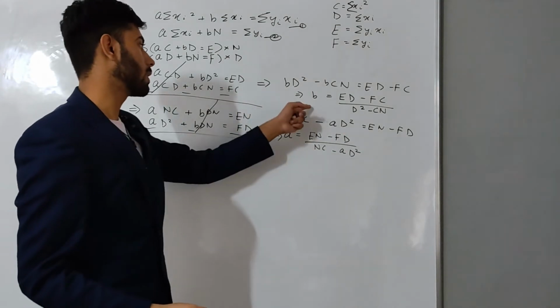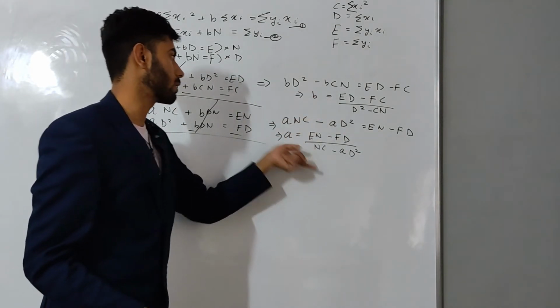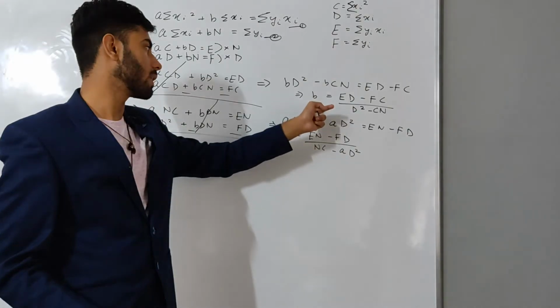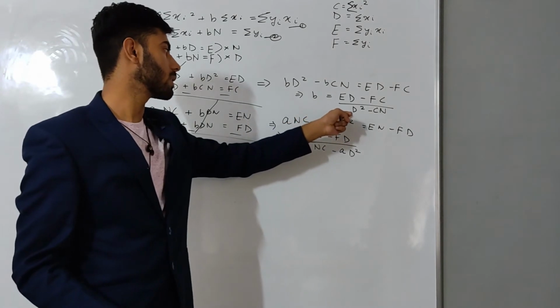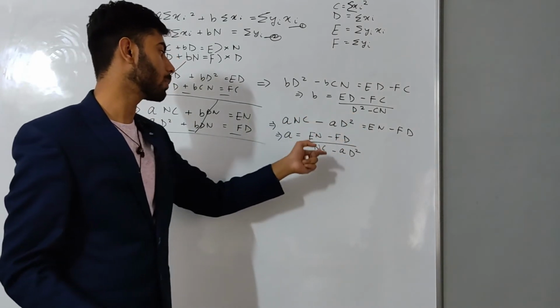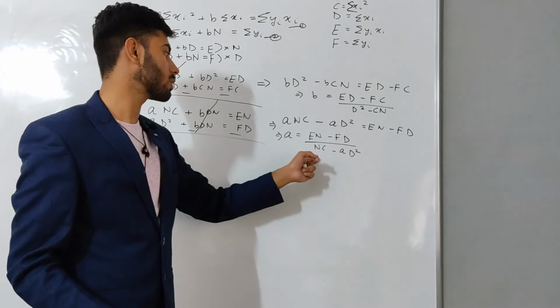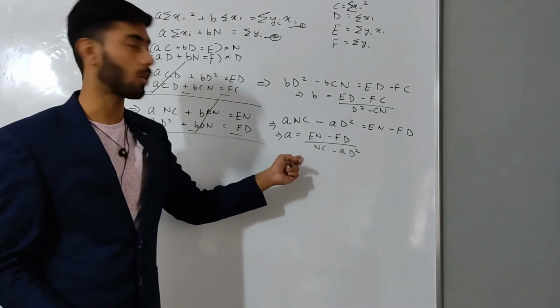So now I have the value of b as this and the value of a as this. Here you can notice that in b the value of the denominator is opposite to what the denominator of a is.